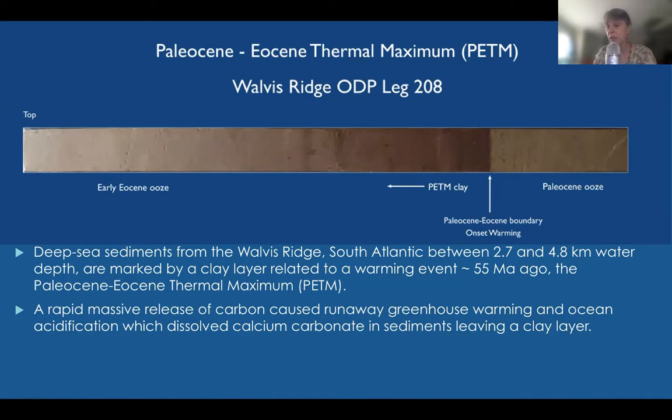And the climate warmed very dramatically. We had some really crazy animals, like the horses got to the size of small dogs. There are some really amazing changes in the species on the planet in response to this rapid warming, and a very large change in the ocean chemistry as a result.